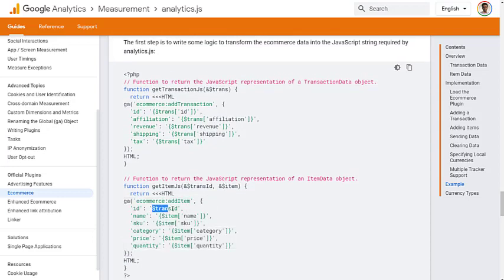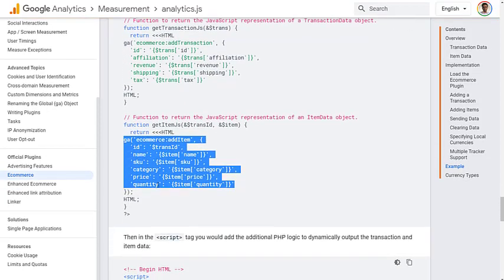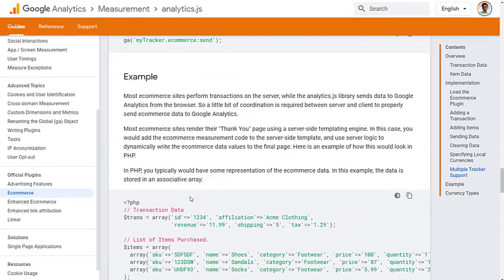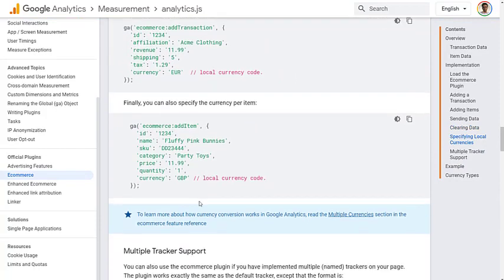You have a variable for transaction ID. You have the name of the item, SKU, all of this dynamically generated. Hence, you need the help of the developer. Once you are able to send this data back to Google Analytics, you are all set. You are ready to look at the reports.